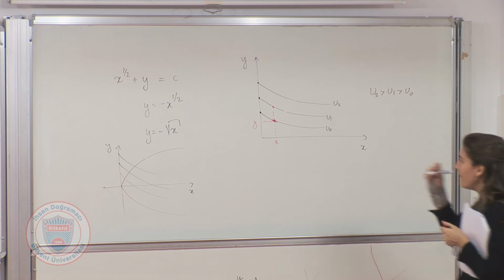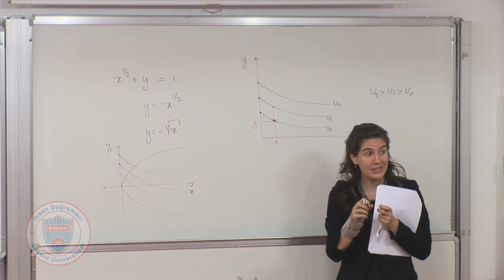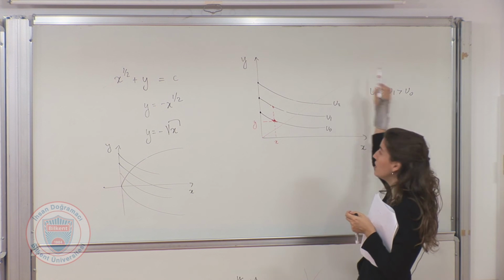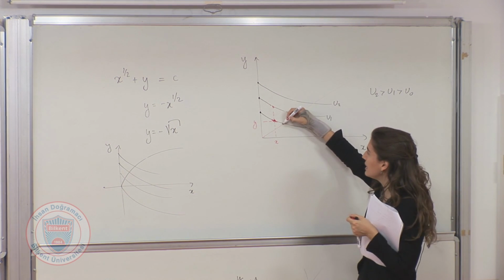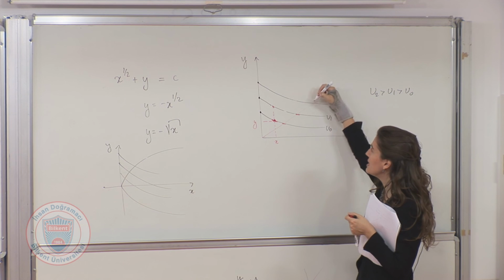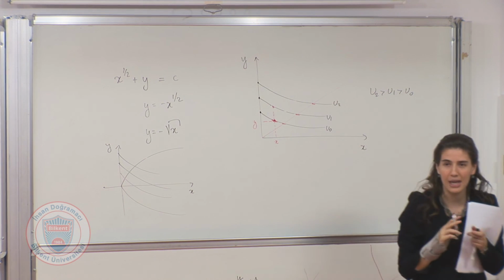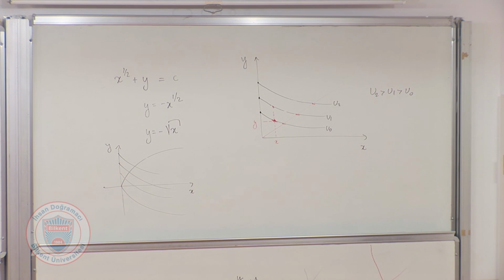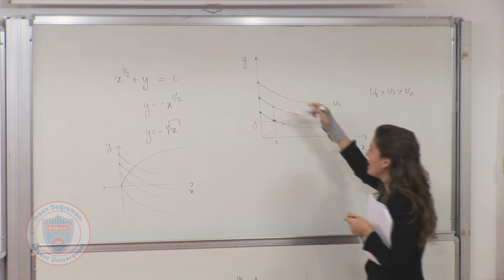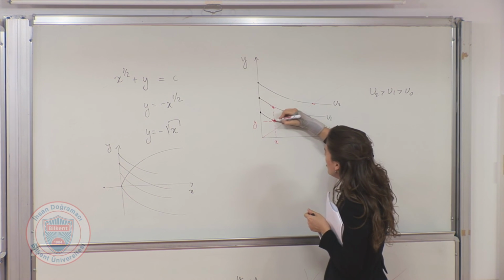Remember, homothetic meant it should be the same along this ray. But along this ray, because x is changing, are these MRSs the same? No, so it's not the same. But MRS is the same for the same x, so the MRS is going to be the same along this.